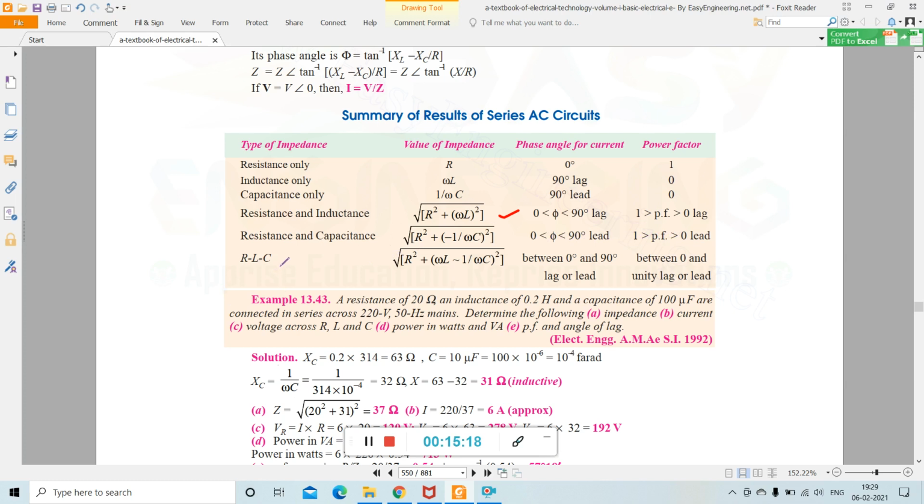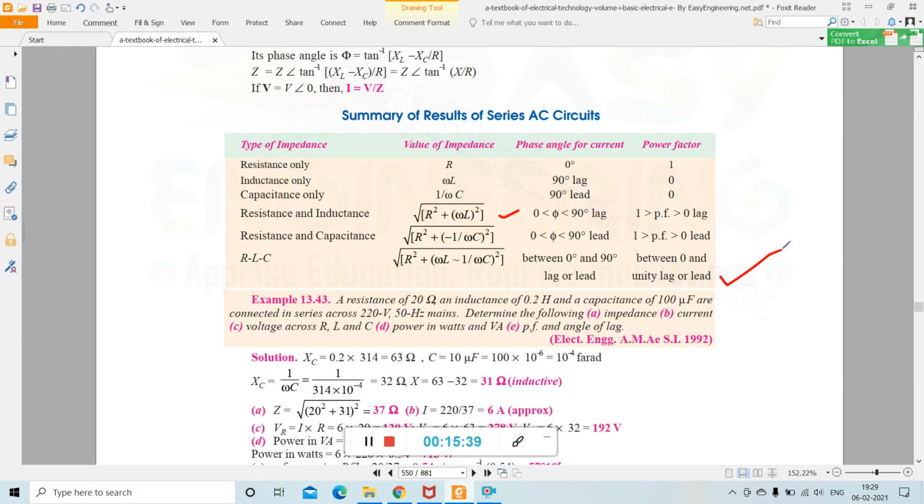And in case of the RLC series circuit, impedance is square root of R square plus (omega L minus 1 by omega C) square. Here the phase angle is between 0 degree and 90 degree, and it may either lag or lead. Similarly, power factor is between 0 and 1, and it may lag or lead.